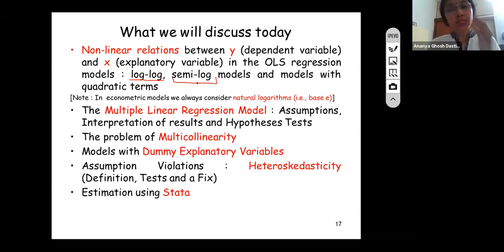Okay. So this is what I have to say so far as nonlinear relations are concerned. Now, I would also like to discuss a model with quadratic terms, but before I do that, let me first introduce the multiple linear regression model.